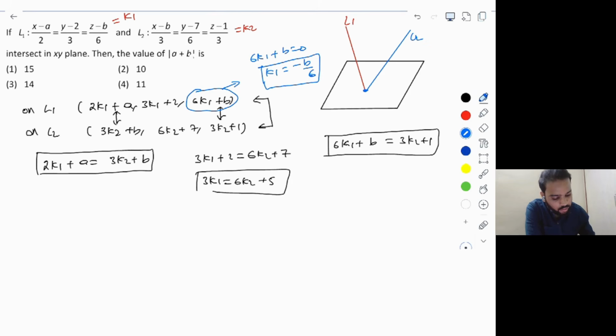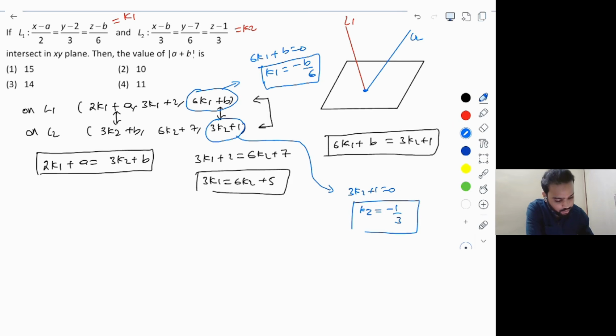I can also equate the z coordinate of the second line to 0, because that is also lying on the xy plane. So 3k2 plus 1 equals 0, which implies k2 equals minus 1 by 3.